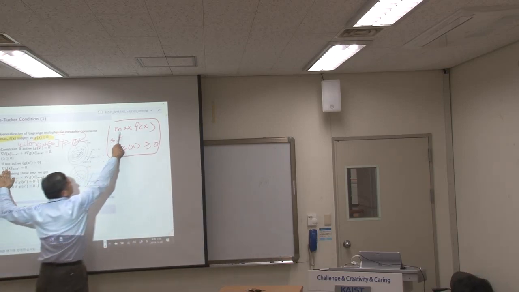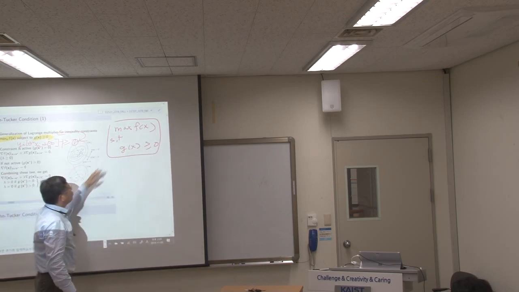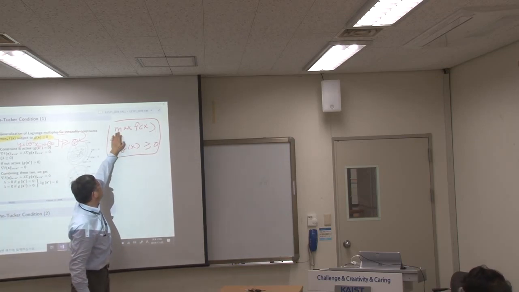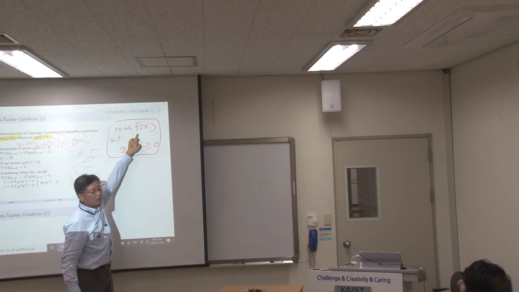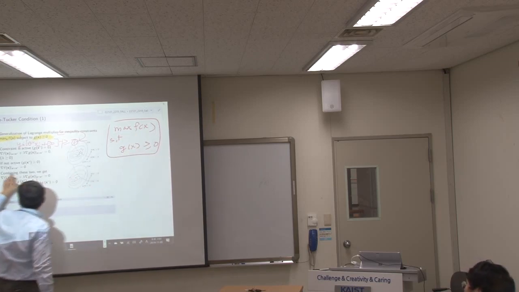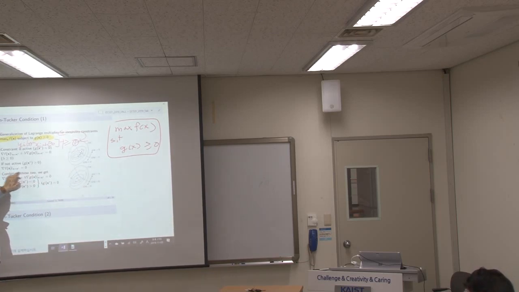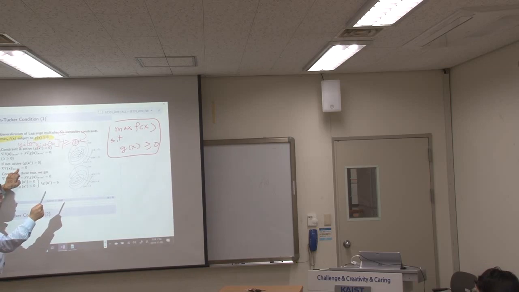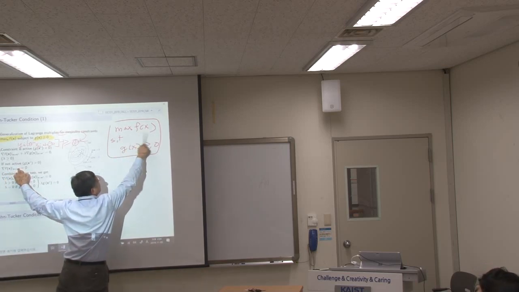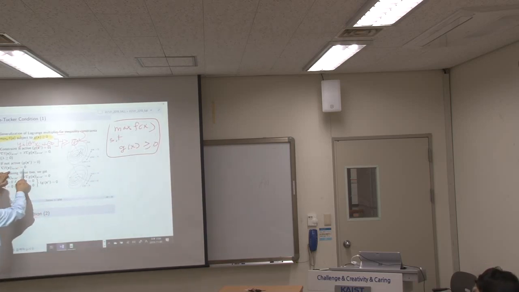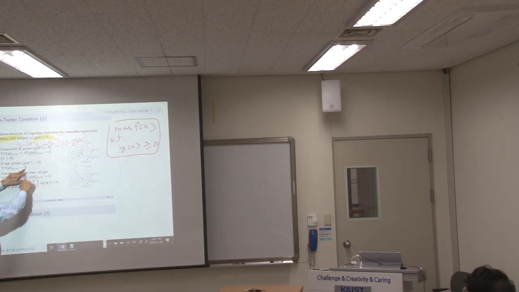I'm trying to solve this without thinking about the constraint. So how do I do this? I take the derivative and set it equal to 0. And it happened to be that the x star that makes this a maximum, where the gradient equals 0, satisfies the constraint.